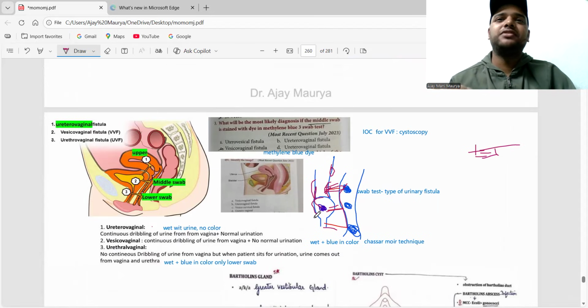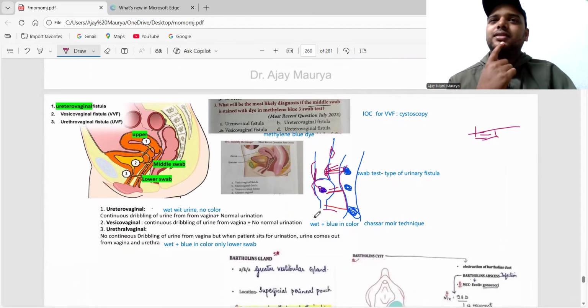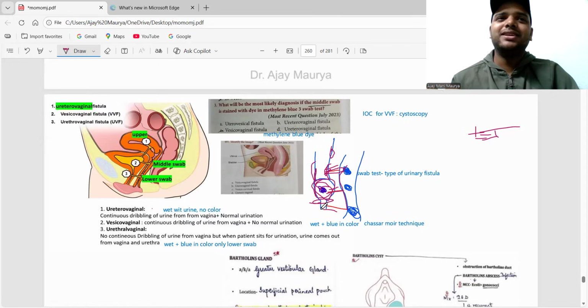Okay, next one, urethrovaginal. Here, the urine will flow only after the bladder is filled. So if there is a fistula between the urethra and the vagina, is there any dribbling of urine in normal condition?